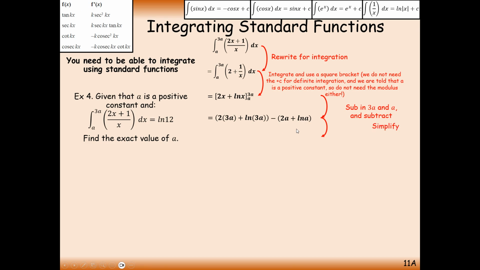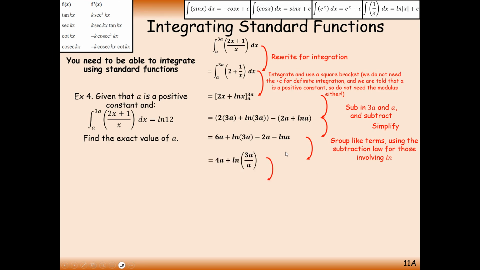At this moment, we can do some simplification. Multiply out the brackets. 6a minus 2a is 4a, and with logarithm rules, we have subtraction of log a. That means 3a can be divided by a. We divide the inputs of the logarithms, and we end up with log of 3 there. So we will have one constant, 4a plus log of 3.